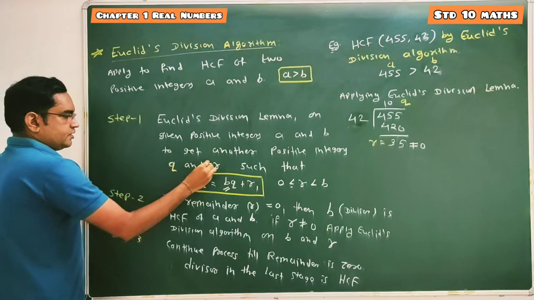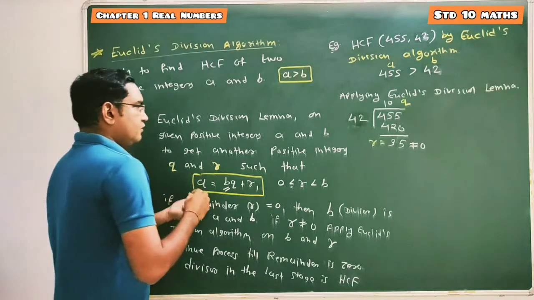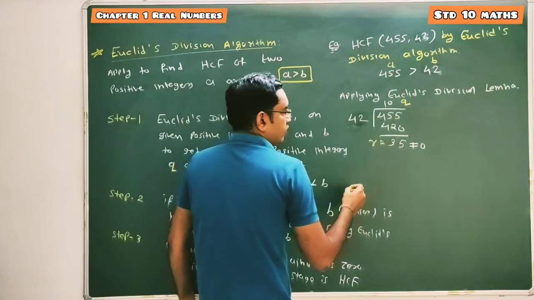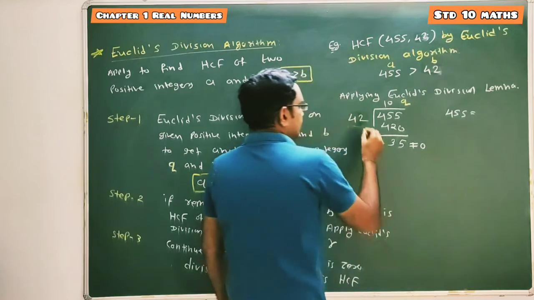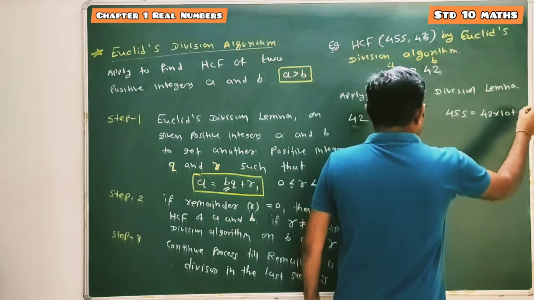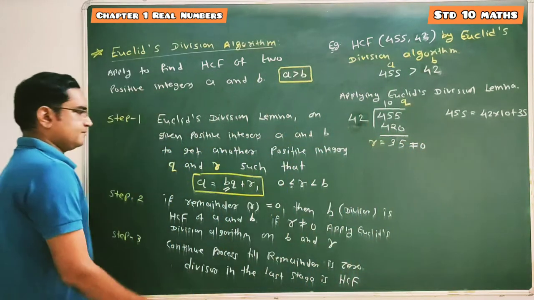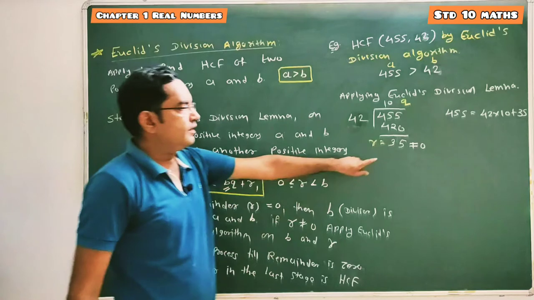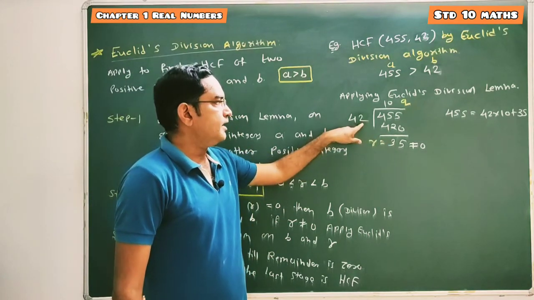We can write our dividend 455 as 42 into 10 plus 35, where the value of remainder is always greater than 0 and less than the divisor.